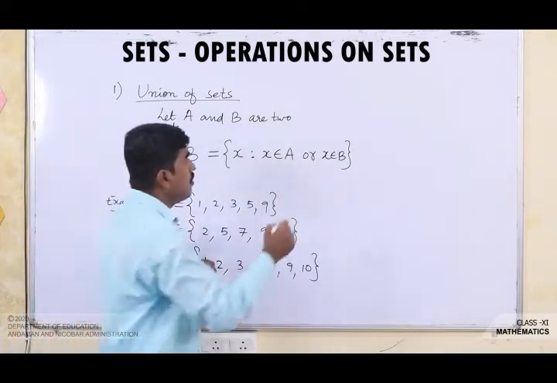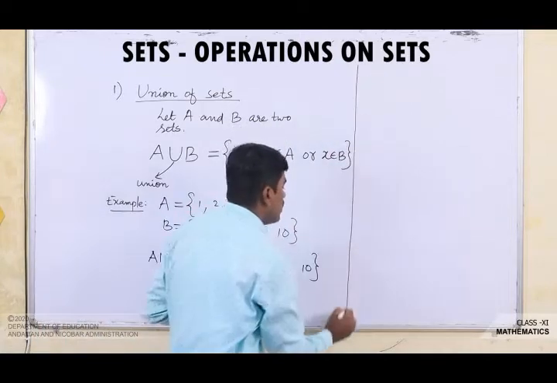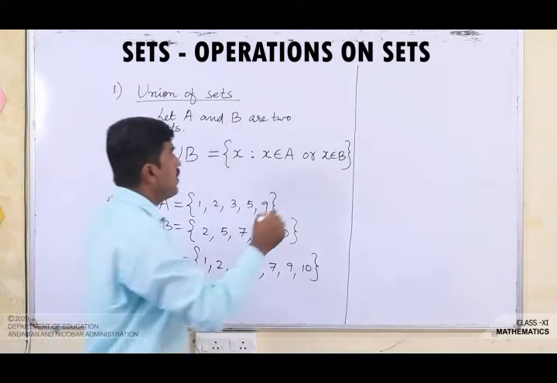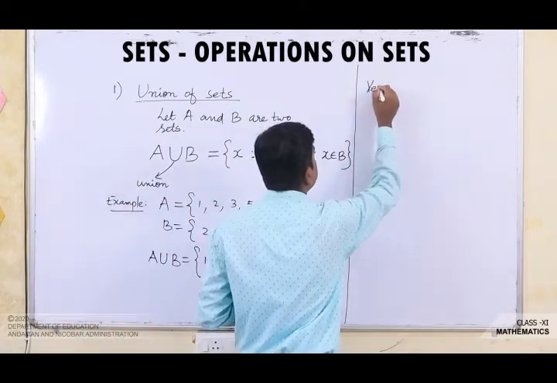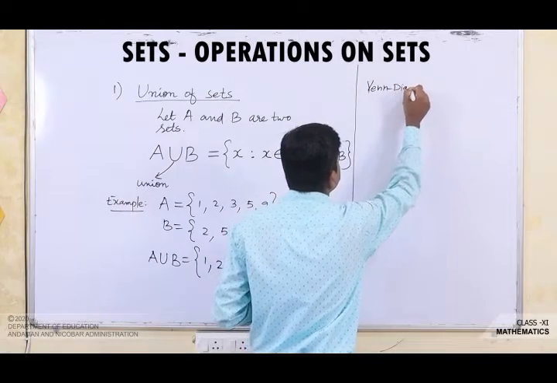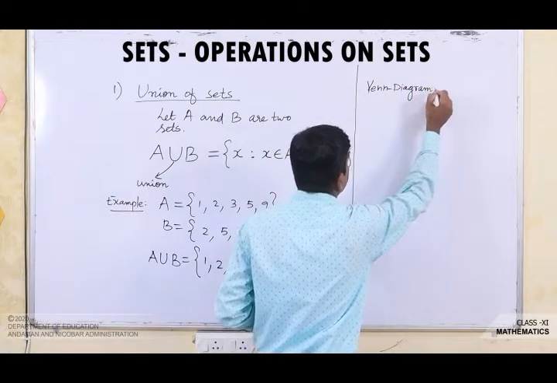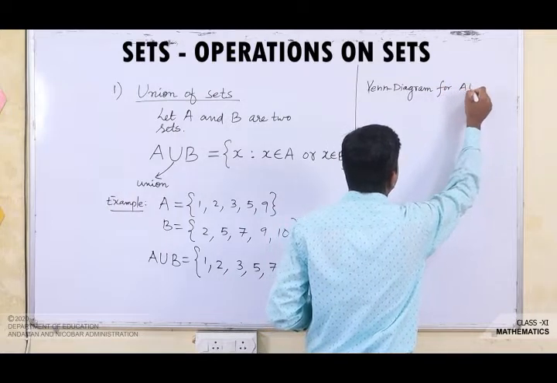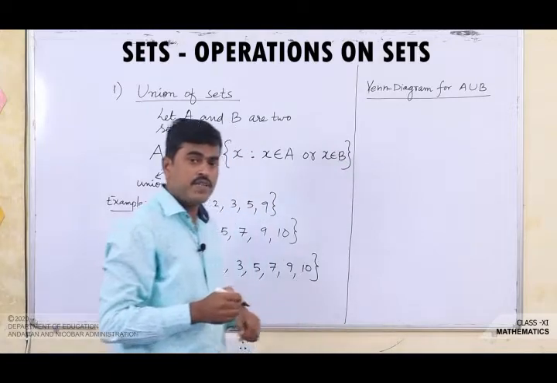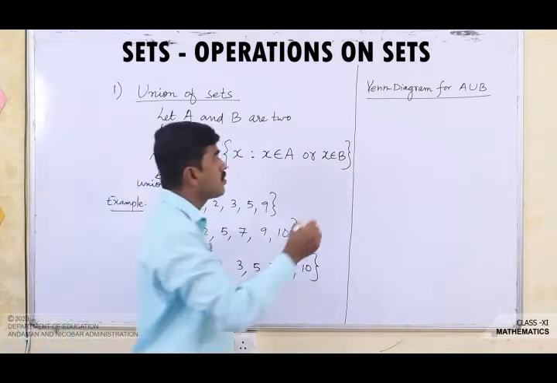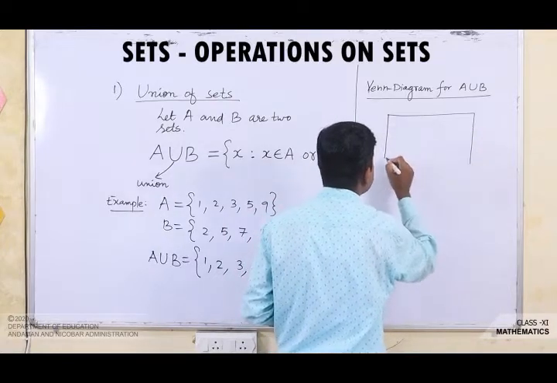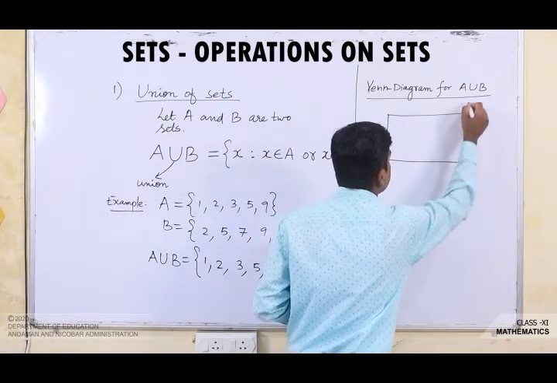Now let's see the Venn diagram for A union B. Do you know what a Venn diagram is? To draw a Venn diagram, first of all we have to draw a rectangle, which represents the universal set.